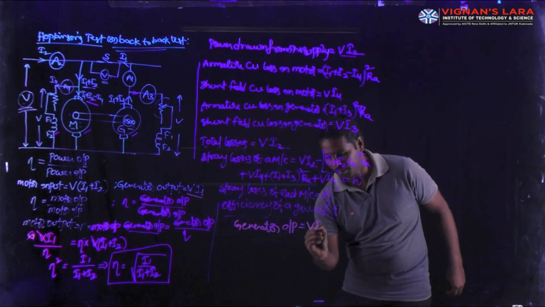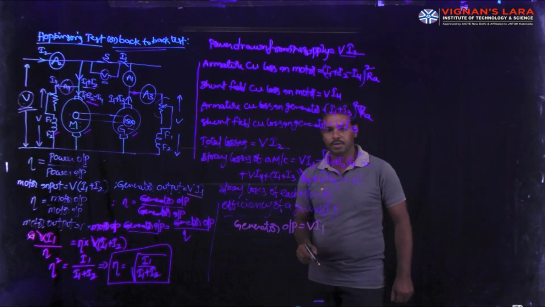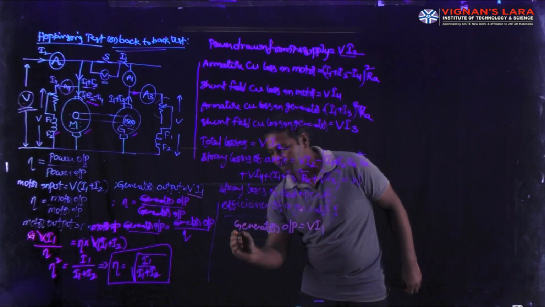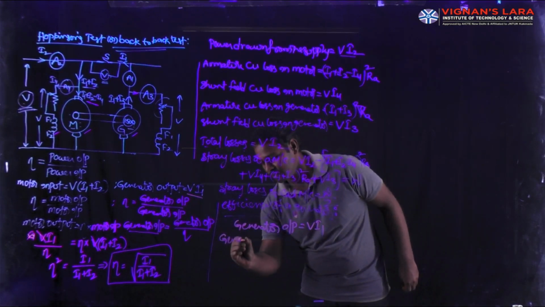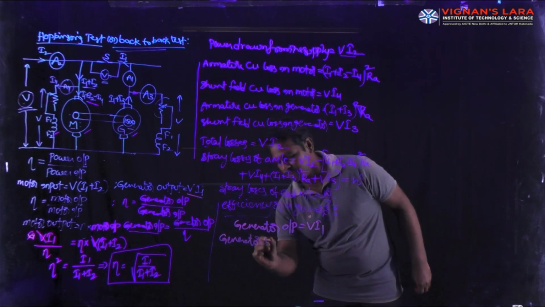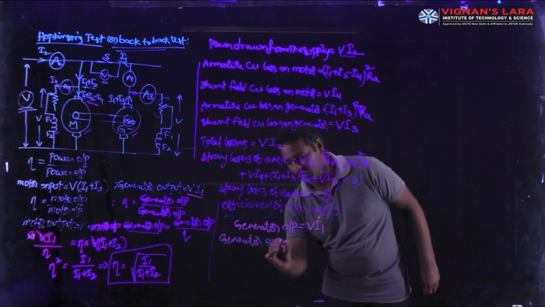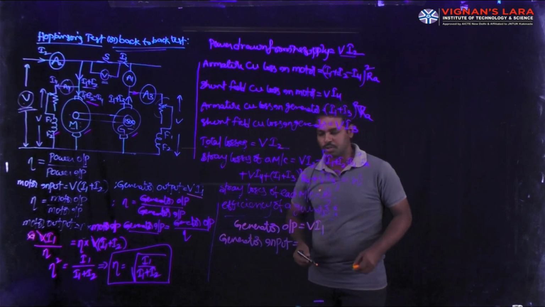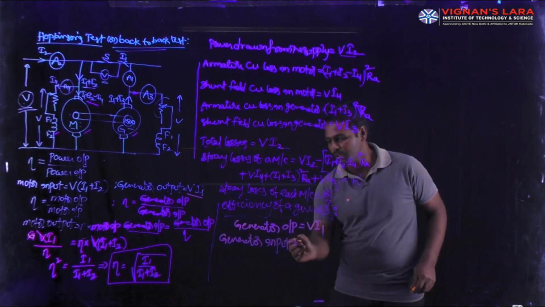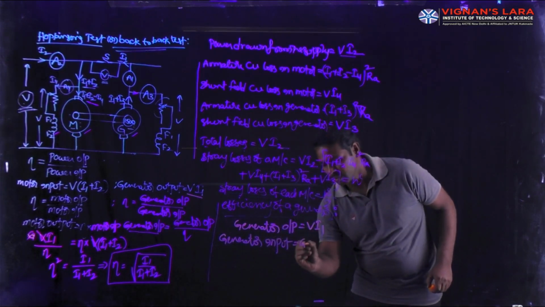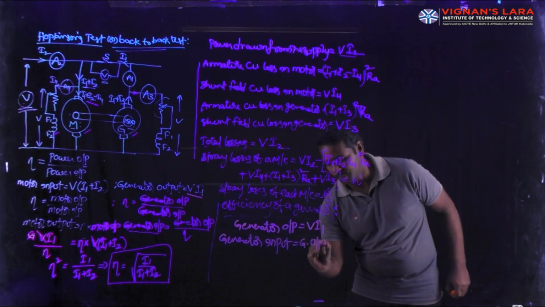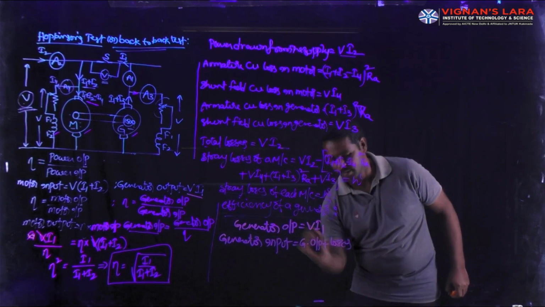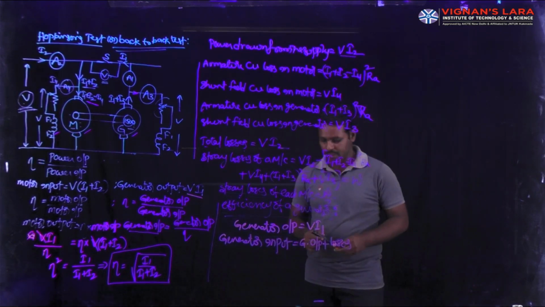The generator input is equal to generator output plus losses.